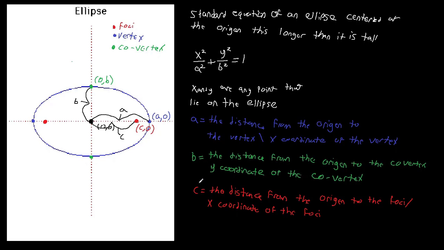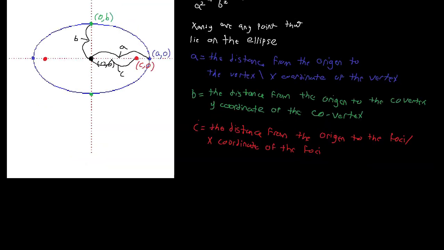Now, there is a very special relationship that exists between A, B, and C. It comes out of the way that we actually derive the standard equation, which is a lot of algebra, and we're not going to go through that in this video.